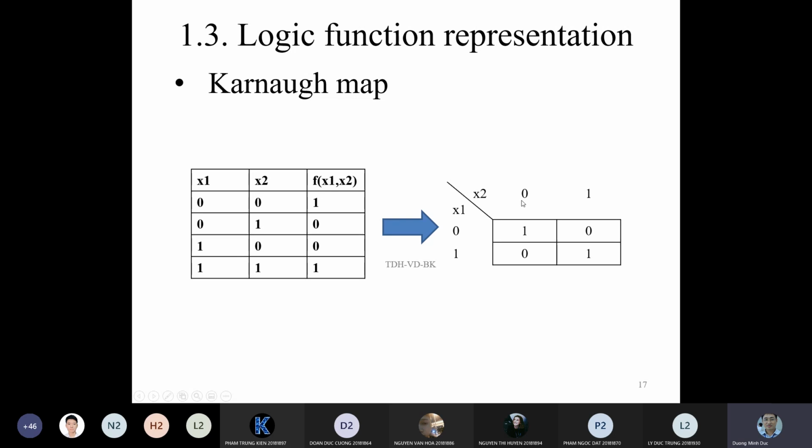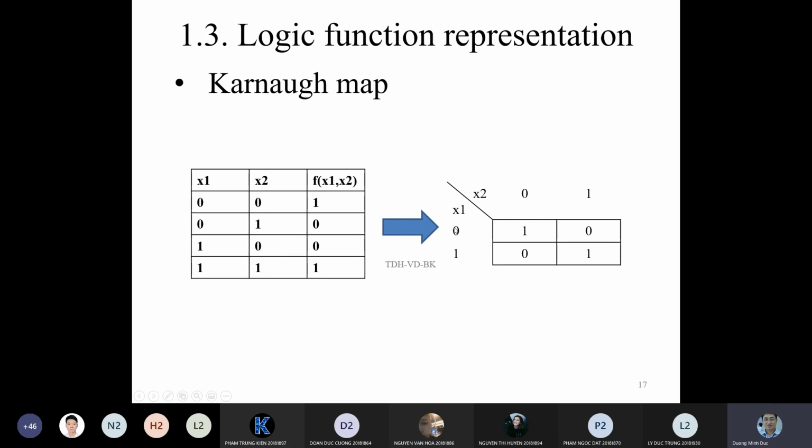table, and the horizontal value is one variable, and the vertical value is one variable. For example, the vertical value is x1.